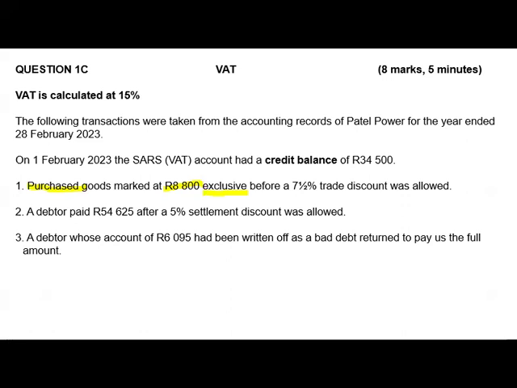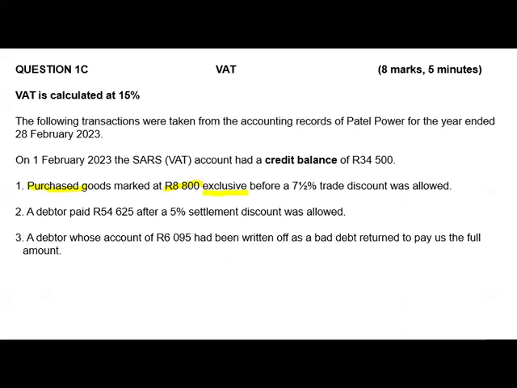How do we get the discount here? Because the 54,625 is already at 95%, you will multiply that by 5 and divide it by 95. Whatever amount you get will be VAT inclusive. To get VAT from that amount, you will multiply it by 15 and divide it by 115.